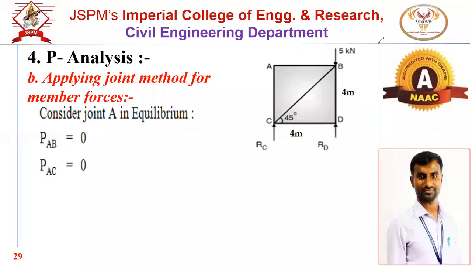One, two, three, four. Anyone? Two. Yes, two. So this point we have to remember. If you are using the joint method, in most of the cases we have to use the joint method, at a joint, a maximum of 2 unknown forces we can work out.